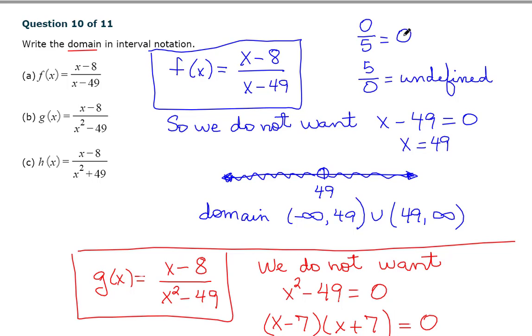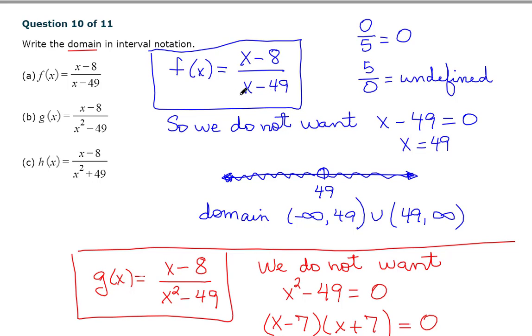And if I remember, 0 divided by 5 is 0. But if I flipped it around the other way, 5 divided by 0 is undefined. Now, anything important about 5? No. I'm just trying to make the point that whenever you have a 0 in the denominator, it's undefined.